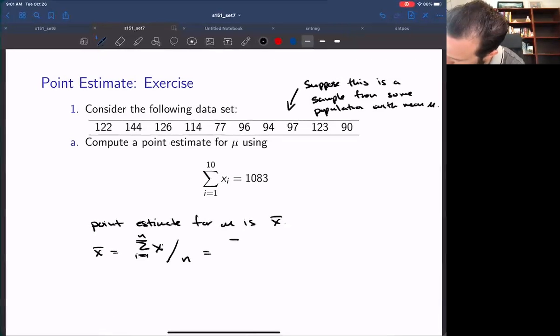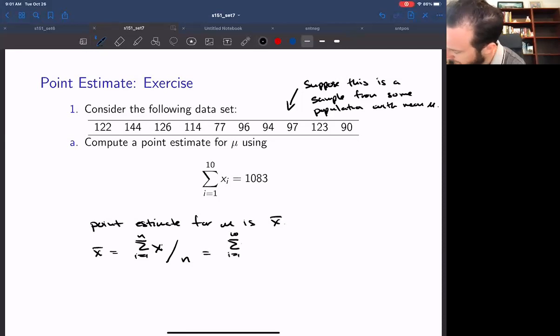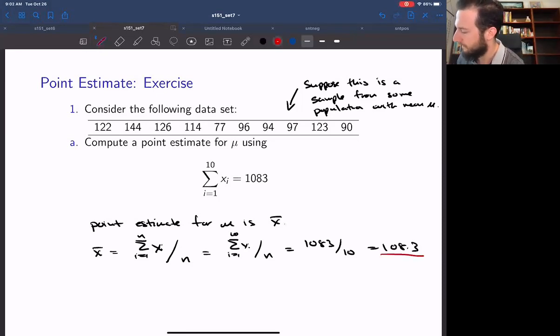So this is the sum from i equals 1 to 10 of xi divided by little n. So this is 1083 over 10. So that's 108.3. Okay. So X bar equals 108.3. That's a point estimate for mu based off of this sample.